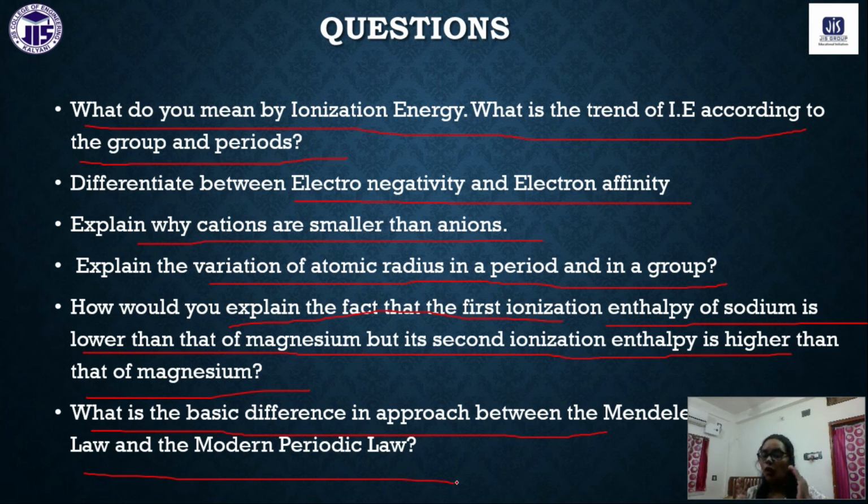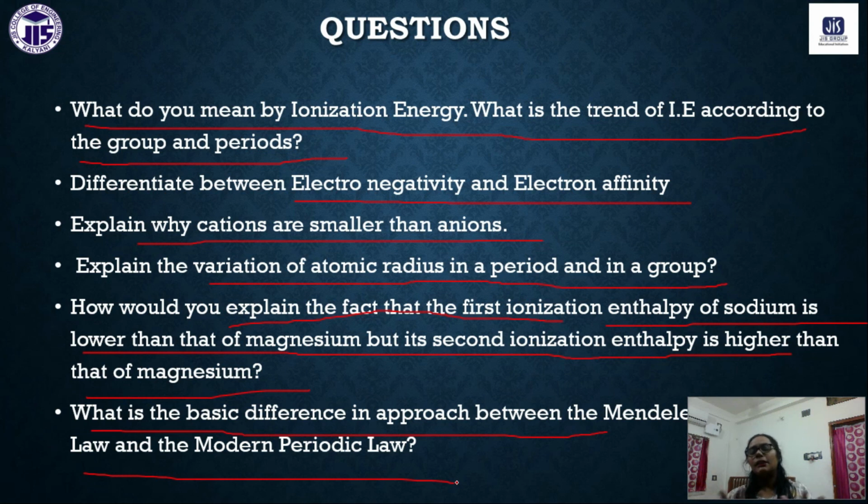But for that we have some demerits that we have already discussed. So to sort out those demerits, the modern periodic law came, and here we arranged the elements according to their atomic number. So this is the basic difference in approach between these two laws.